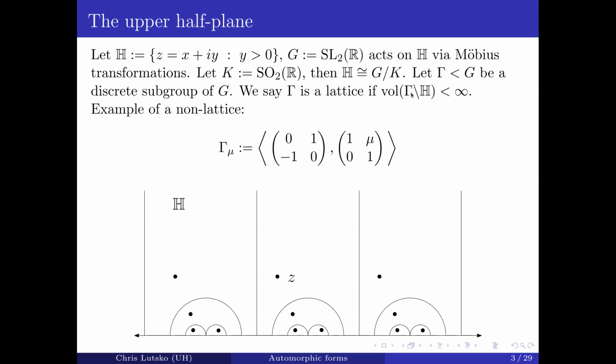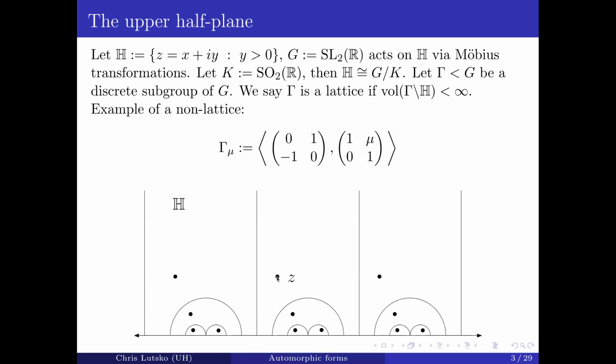So here's an example of a non-lattice. This is a Hecke triangle group. I think you want mu bigger than square root 2. Or is it just 2? Just 2. Yeah, mu bigger than 2. And then this first matrix reflects through the unit circle.